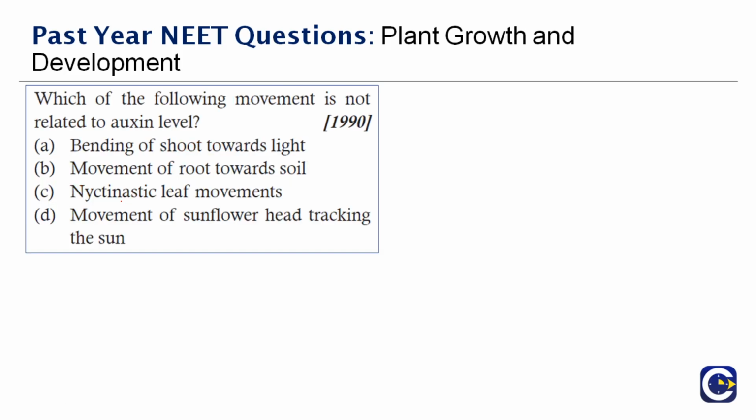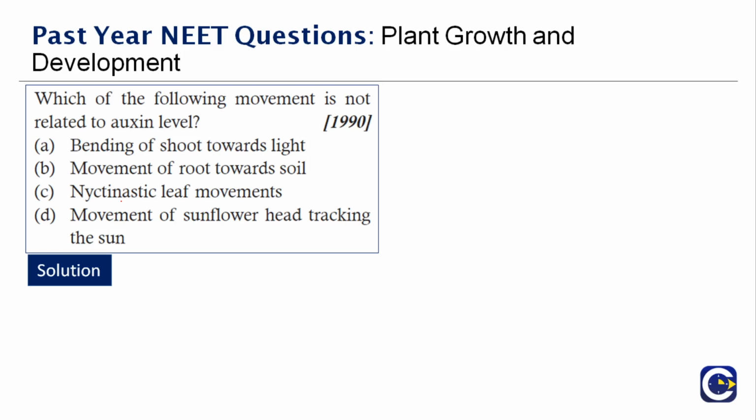Okay, next question here. Which of the following movements is not related to the auxin level? See, bending of shoot towards light is related to the auxin level. Movement of roots towards the soil is once again related to auxin level.